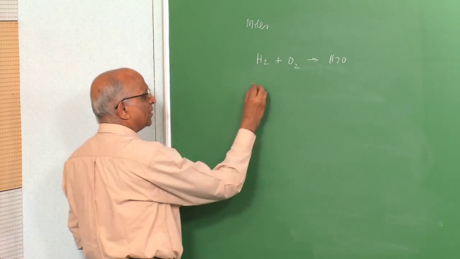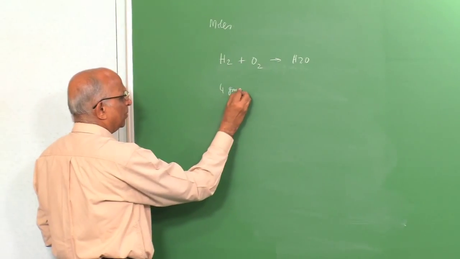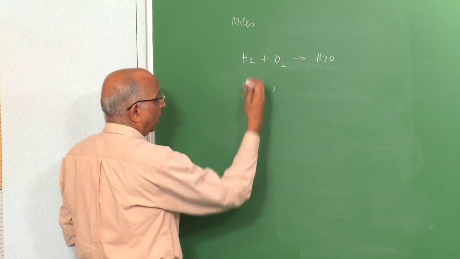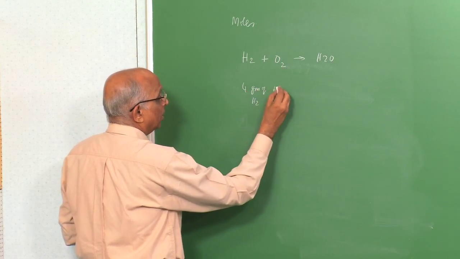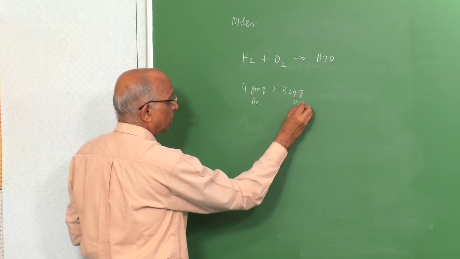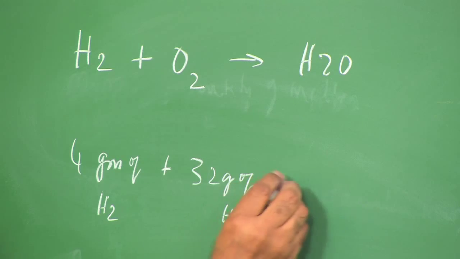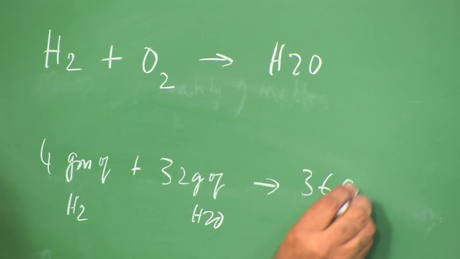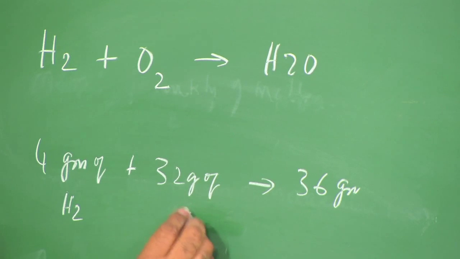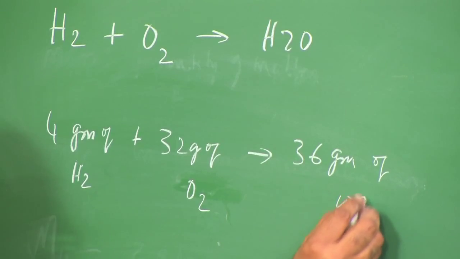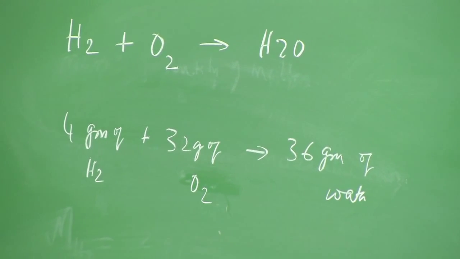Now, in this reaction, 4 grams of hydrogen reacts with 32 grams of oxygen to form 36 grams of water, because mass has to be conserved.